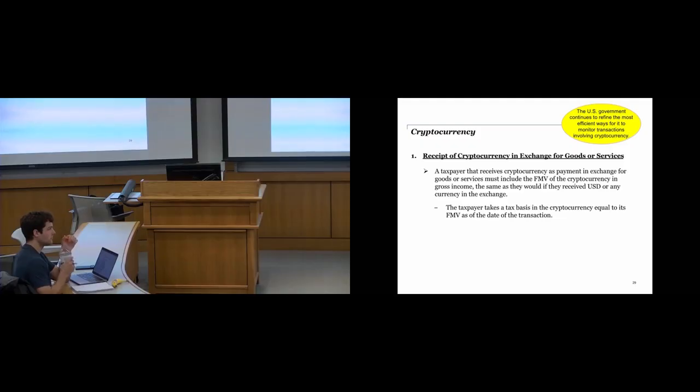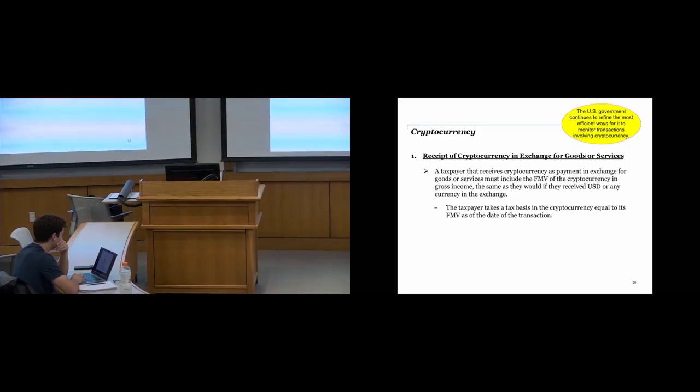Just like if I got euros or Norwegian krone, I got Bitcoin, Ethereum, whatever, I have a basis in that cryptocurrency at that point in time. That will differ from the date I dispose of that cryptocurrency. And what is that? That is a property disposition. No different than if I am transacting in non-functional traditional currencies.